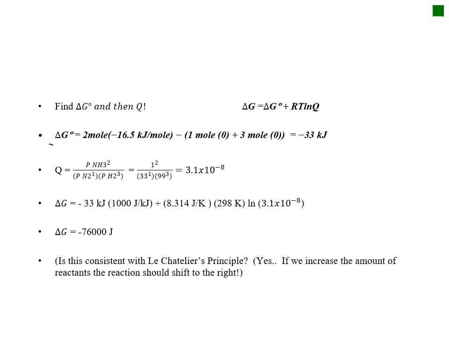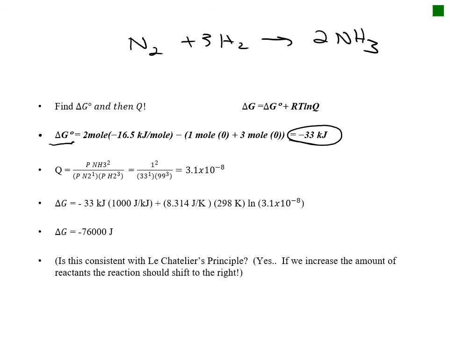So let's put this together. Our original value for delta G naught at standard state was minus 33. We know we started with nitrogen plus 3 hydrogens goes into 2 ammonias. Now this reaction is spontaneous, but we looked here at our pressures. If we had 1 atm of this, 33 atm of this, and 99 atm of hydrogen, we're noticing that the pressure of the reactants went up.